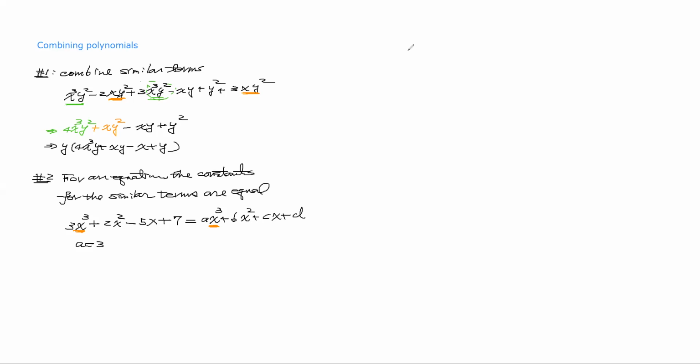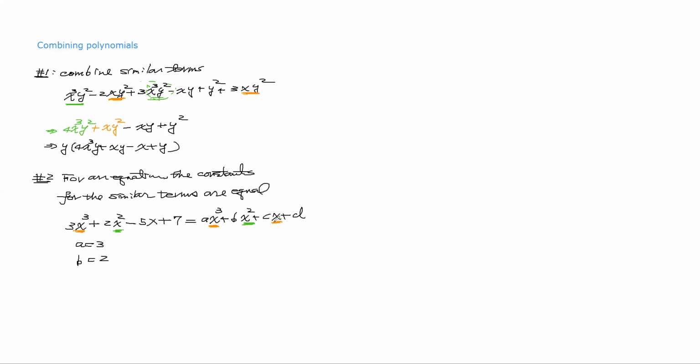Then the same thing for the x squares, right? The x squares here, x squares here. So what is the constant here? So I know b is equal to 2. Now here, like I said, combining is very simple. The only thing you might make a mistake on is the negative sign.